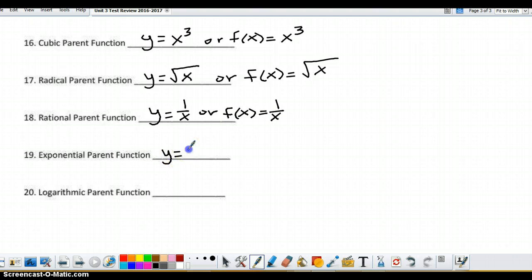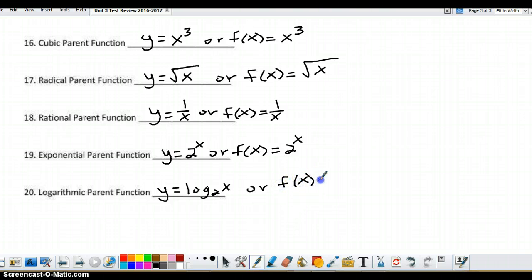Exponential, we're going to go with 2 to the x. So that's the one that's being used on the test. Logarithmic, I say log base 2 of x. Like so.